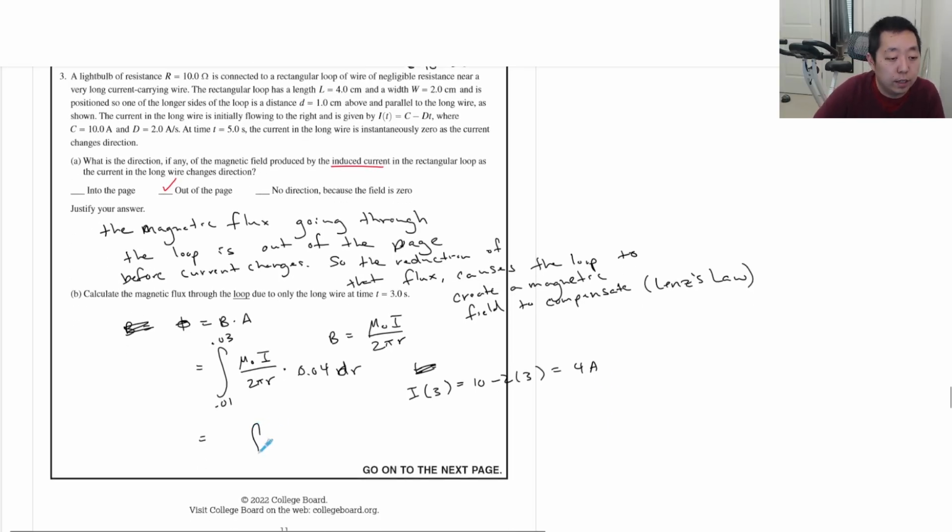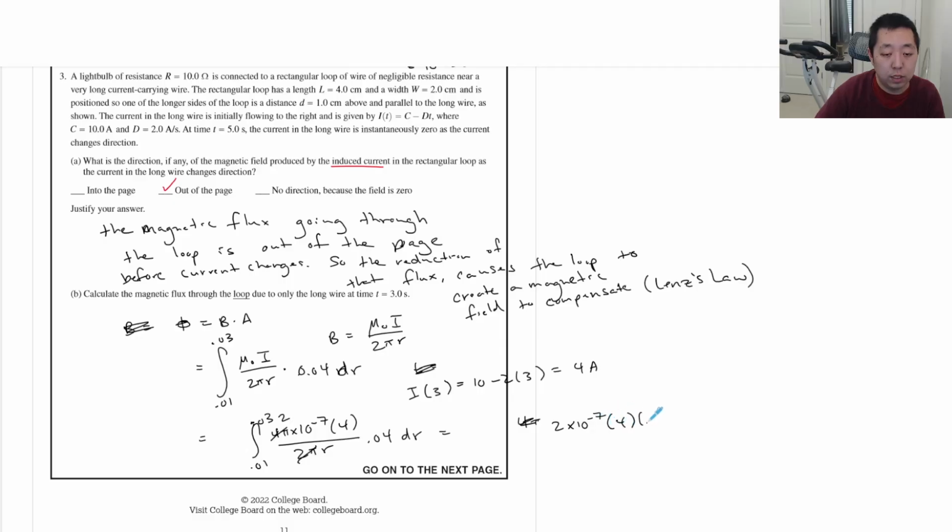So then we're going to integrate from 0.01 to 0.03 of 4 pi times 10 to the minus 7 times 4, divided by 2 pi r, 0.04 dr, and the integral of 1 over r is natural log. So this will cancel to be 2 times 10 to the minus 7 times 4 times 0.04 natural log of r from r equals 0.01 to 0.03. And then you can plug a lot of this into the calculator.